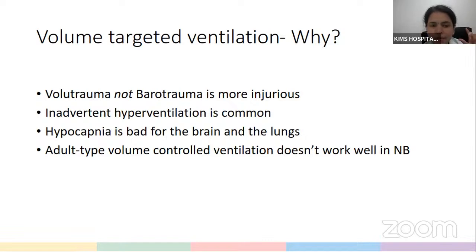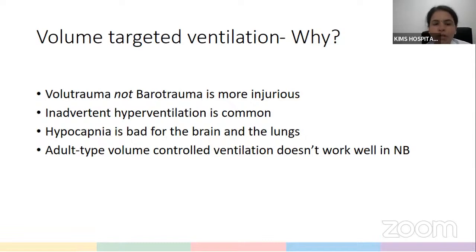If we use volume as the control variable versus pressure, it has been found that volutrauma is definitely more injurious than barotrauma. A lot of animal experiments have shown that tidal volumes are more injurious than the peak pressure itself. So controlling the volume during ventilation seems to be a very desirable thing, especially for neonatologists to do.